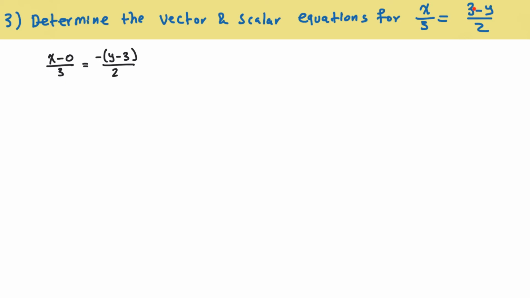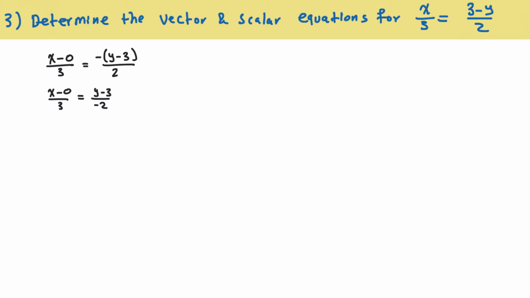So I'm changing this: negative 1 times y is negative y, and negative 1 times negative 3 is positive 3. If I change this again, it'll be x minus 0 over 3 is equal to y minus 3, and I'm going to drag this negative here and bring it down to the denominator to get negative 2.